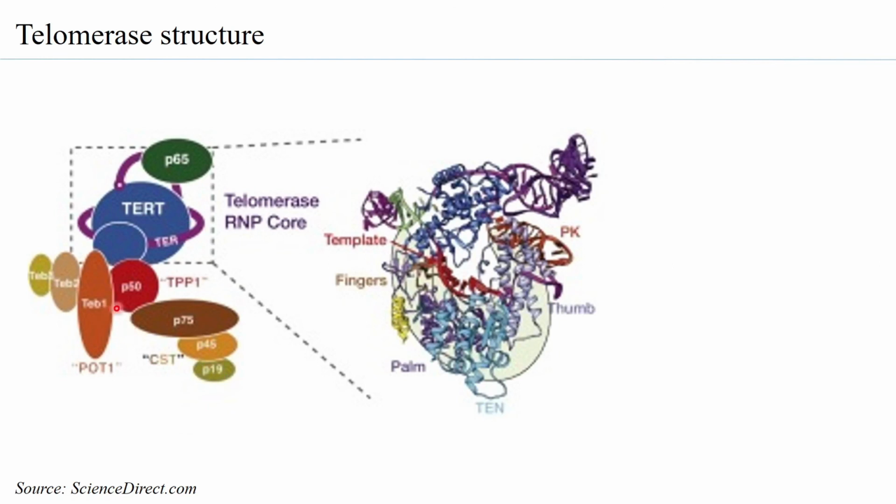Once the telomerase is recruited, look at the fact that it has a kind of palm structure. This forms the fingers, this forms the thumb, and this is the palm. So it has this typical palm structure that is the same as the DNA polymerase structure, especially the DNA polymerase 1 structure.